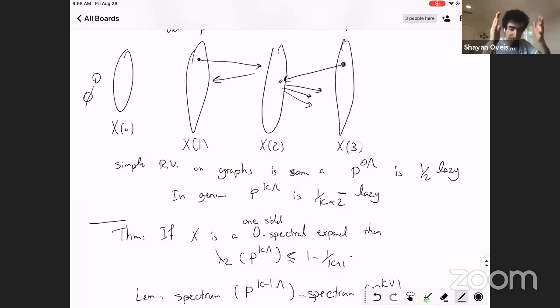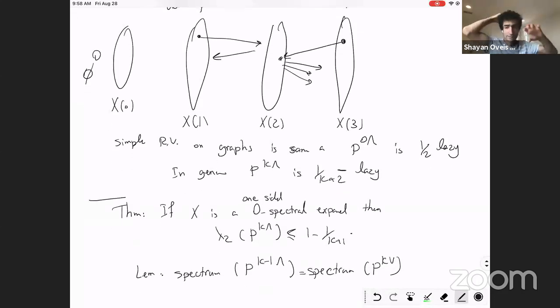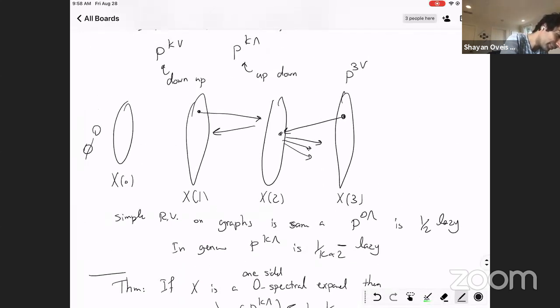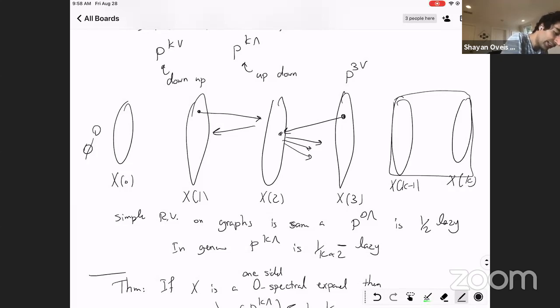Because you have a bipartite graph, its adjacency matrix, with X_{k-1} and X_k, looks like 0, 0, P_k down-up, and P_{k-1} up-down.